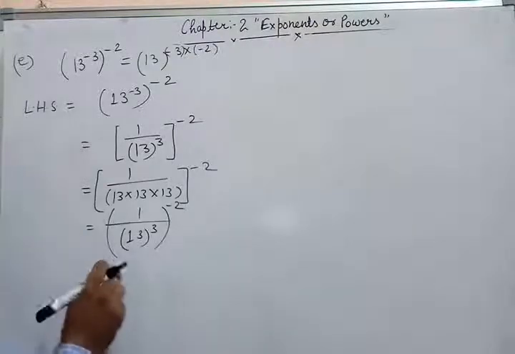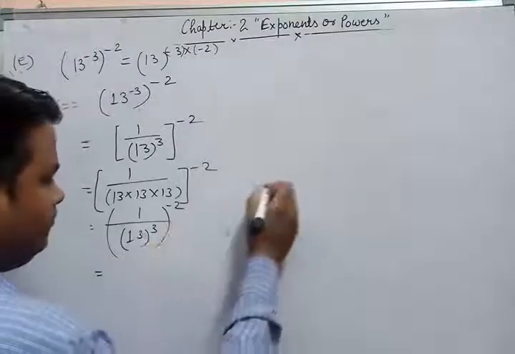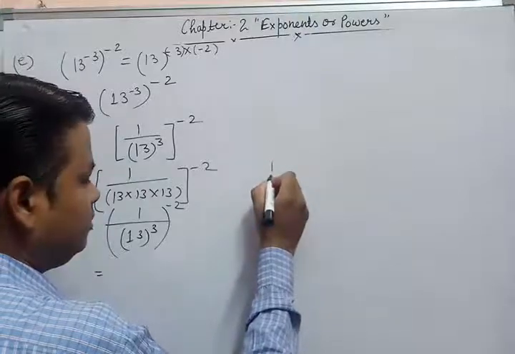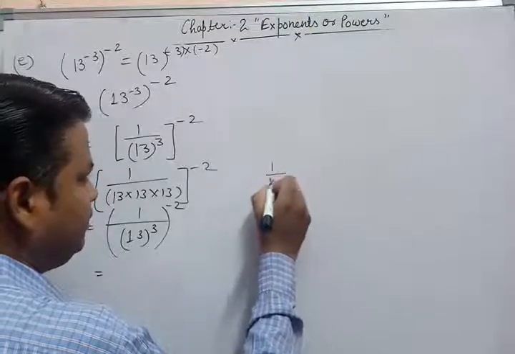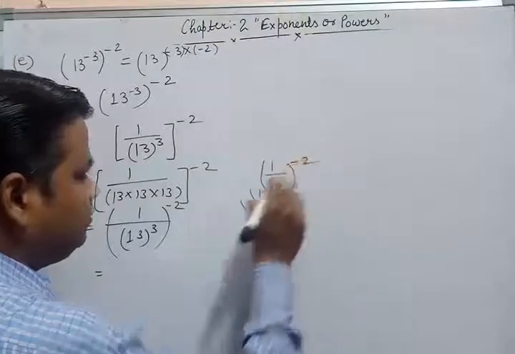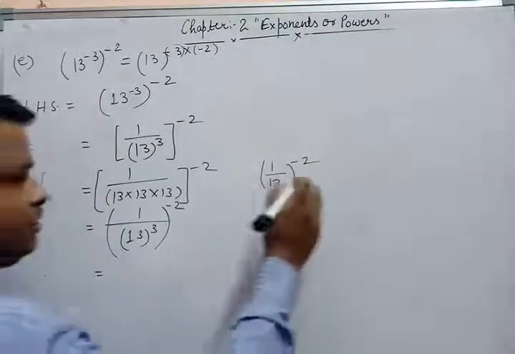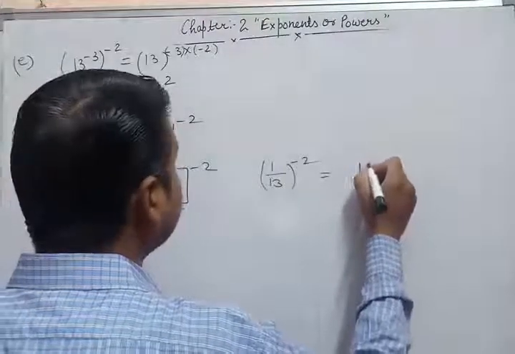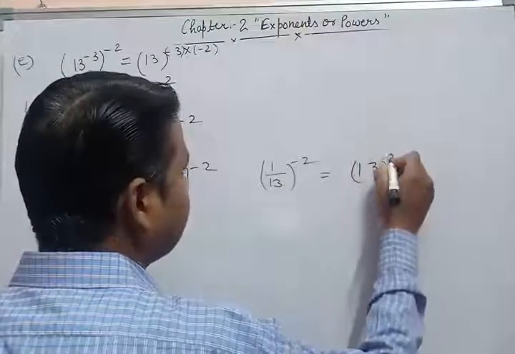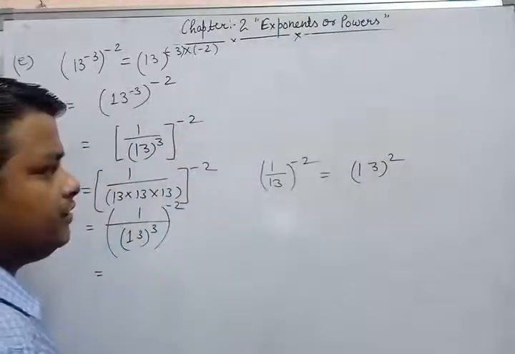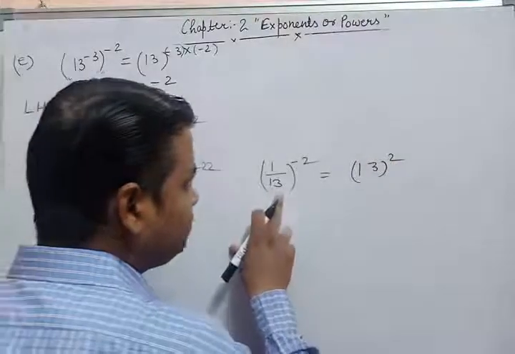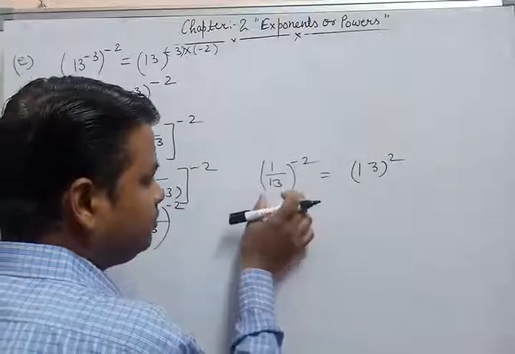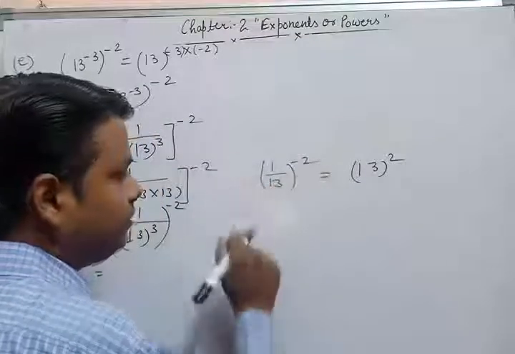Now we can write 1 upon 13 to the power minus 2, then how can we write 13 to the power 2? Listen, 1 upon 13 to the power minus 2 means you have to write the reciprocal.